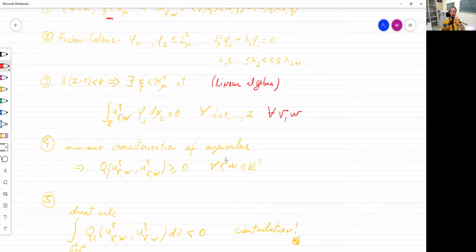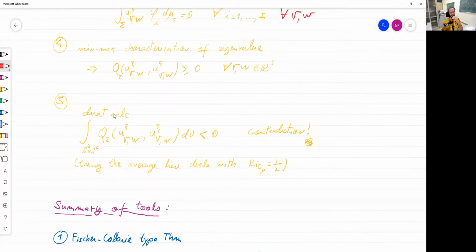And that is for all V and W. So what they do is take the average over all V and W. Instead of R3, you look at all V and W with norm 1, so in S2, and they put a certain measure on S2 cross S2. It's not relevant, it's just a measure. And it turns out when you do this calculation, this number here is negative. And that's a contradiction.